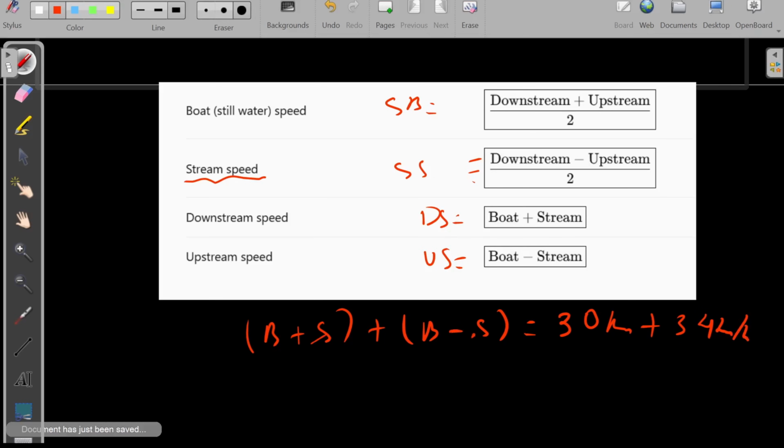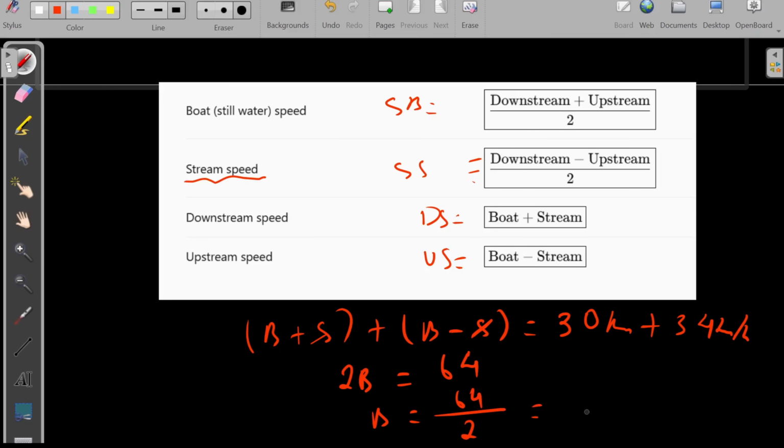So the stream terms will cancel out, so I have 2b equal 64. Now the boat speed would be 64 over 2. That would give me 32 kilometer an hour, which basically means the same thing. So as you can see, 32 kilometer per hour.